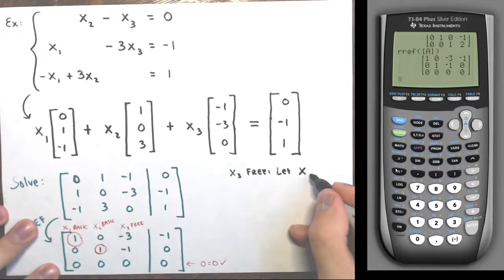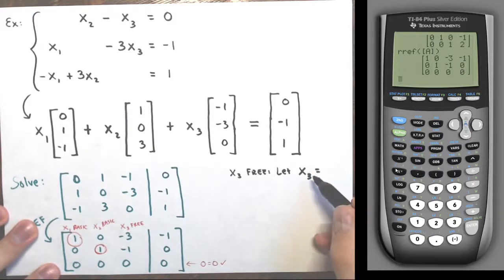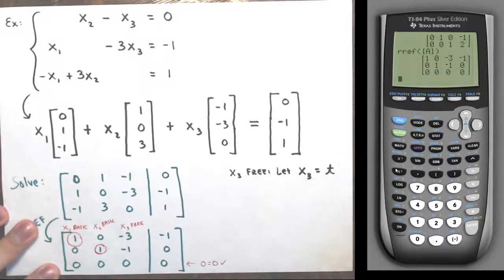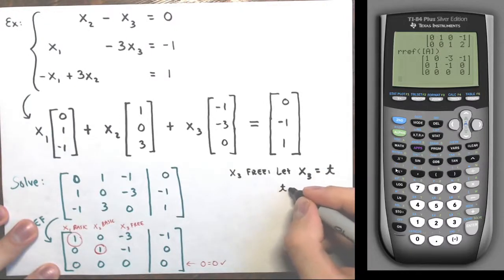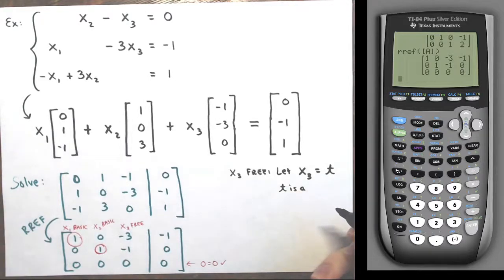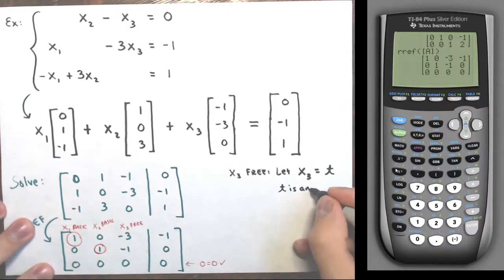I just like using other letters to avoid confusion in the future. So I'm going to let x3 be t, where t is any real number. Again, it doesn't have to be t. It can be any expression that can take on any real number: t, s, 3t, 5t, 1/5 t, t plus 5. You can let the free variable be replaced by an expression that can take on any real number.